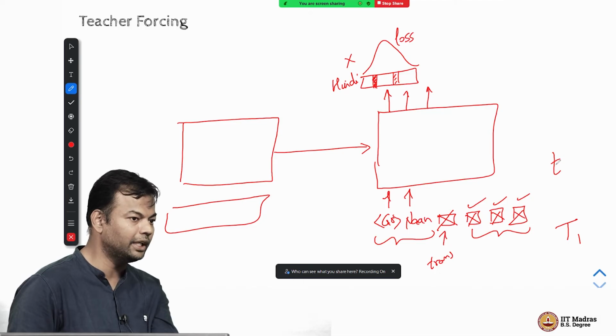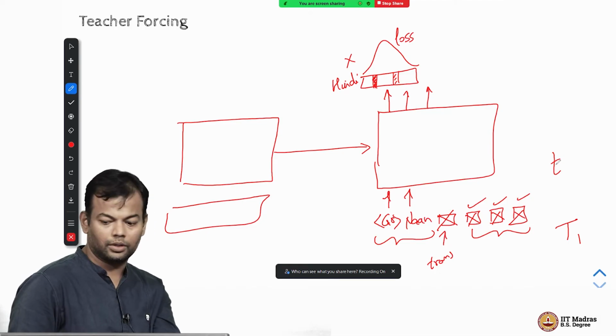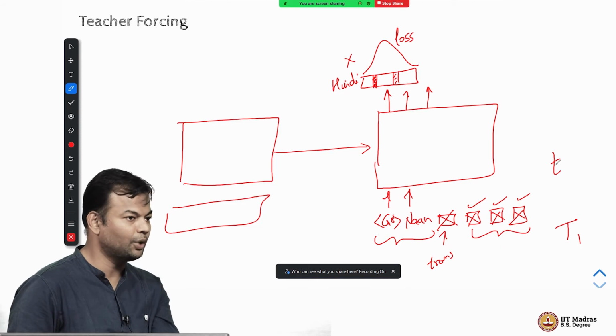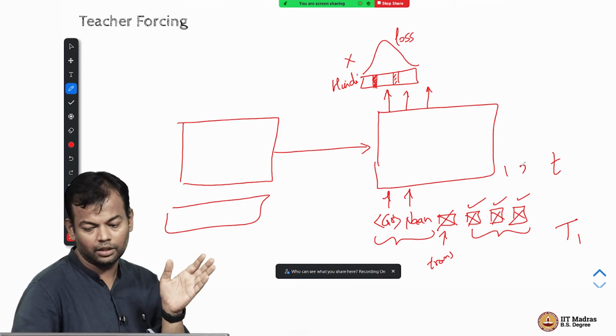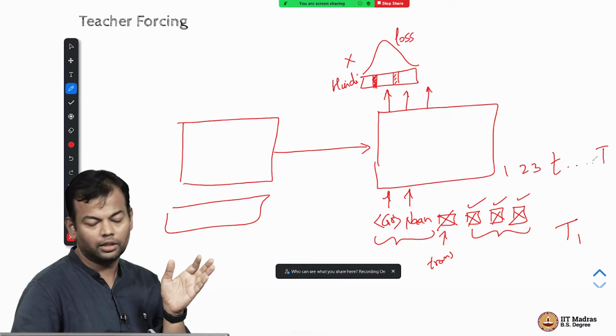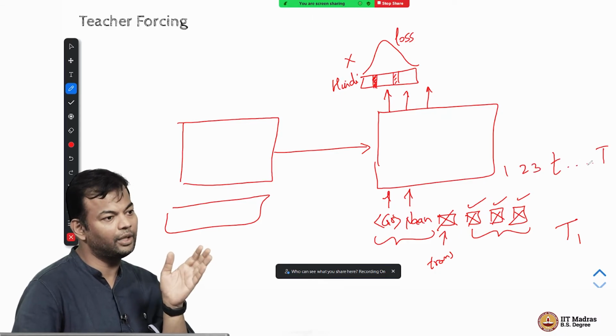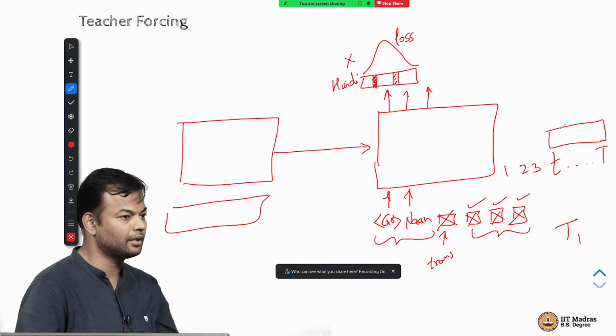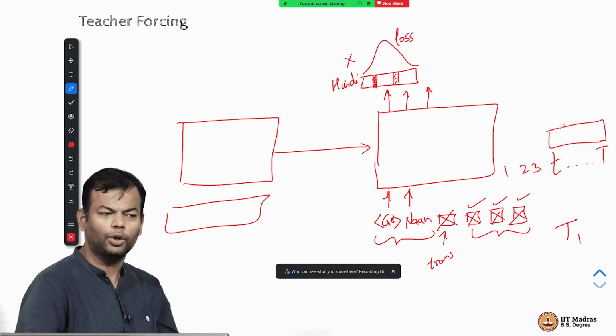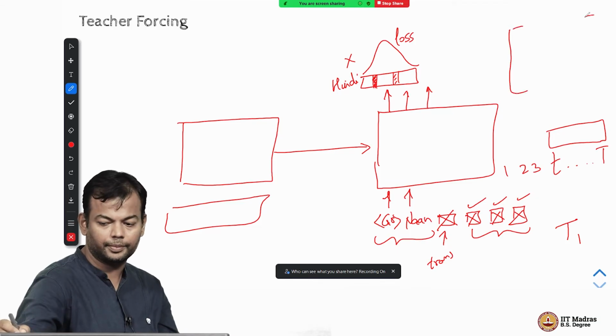I should feed only up to T minus 1. Is that okay, everyone? That means I should mask everything which comes after T. Does that make sense? Okay. What would this look like in terms of a matrix?